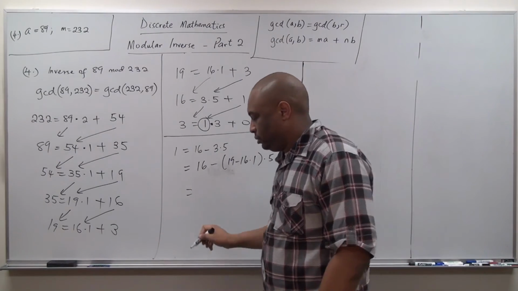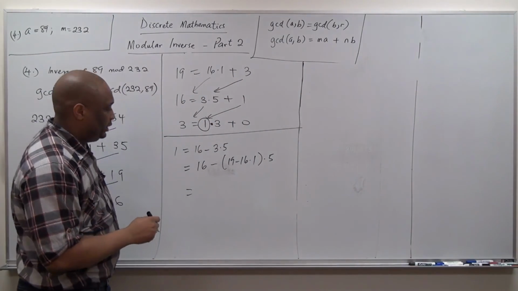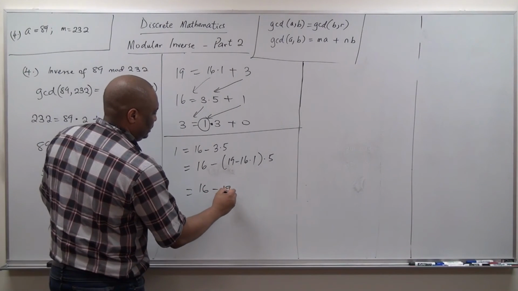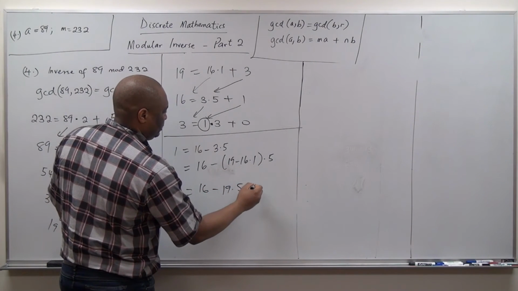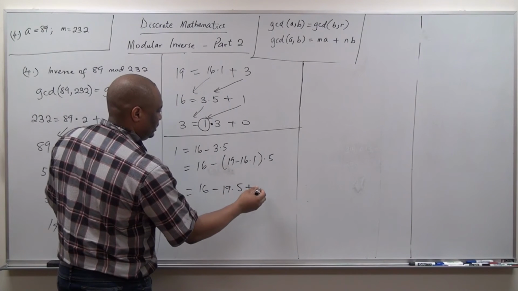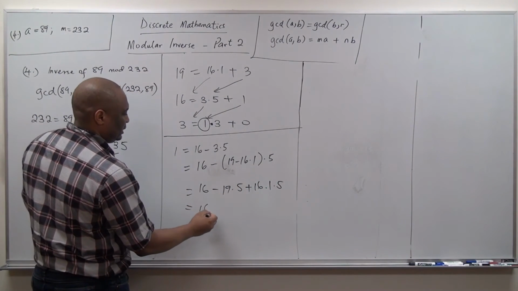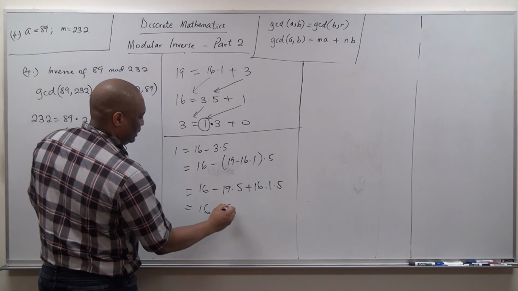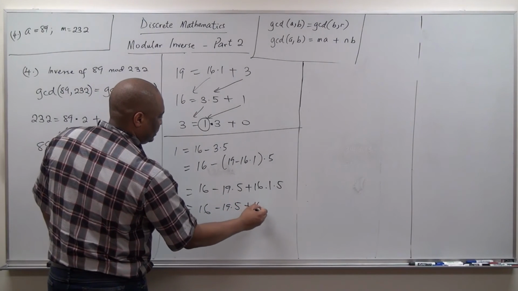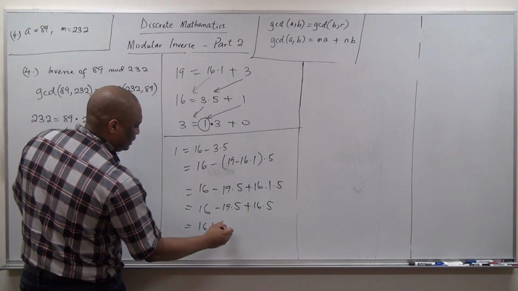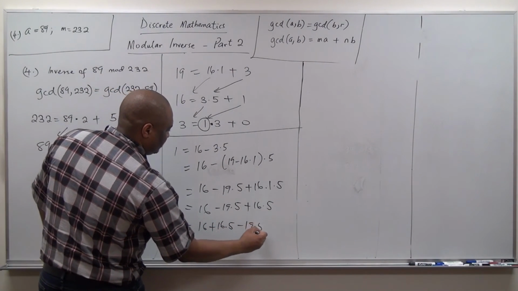So this will be equal to 16 minus 19 times 5 plus, because minus times minus is plus, 16 times 1 times 5, which is 16 plus 16 times 5 minus 19 times 5.